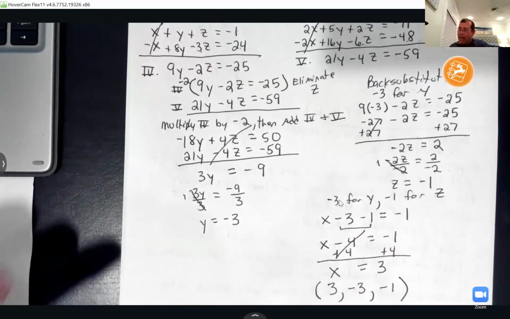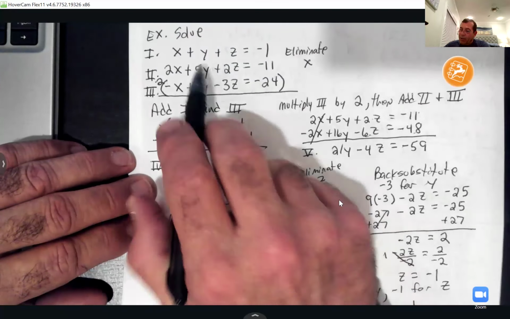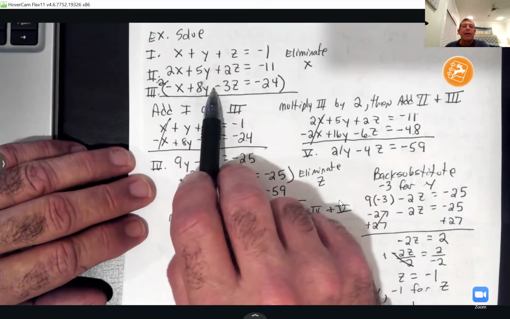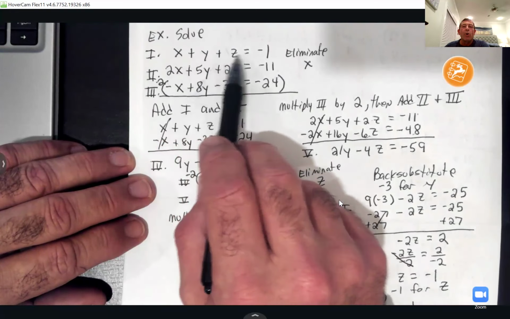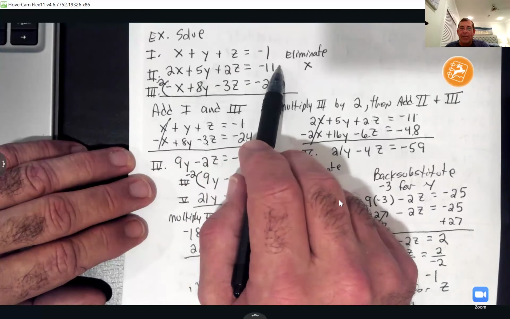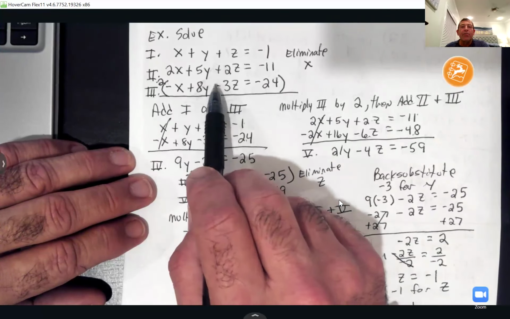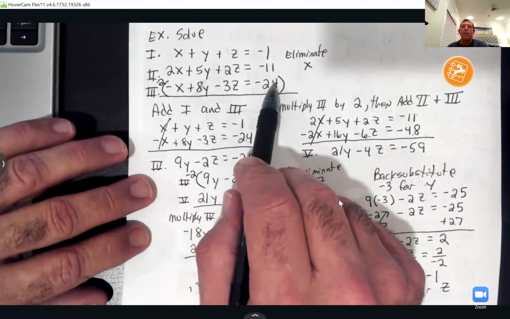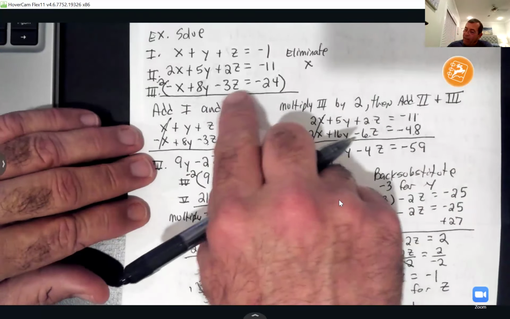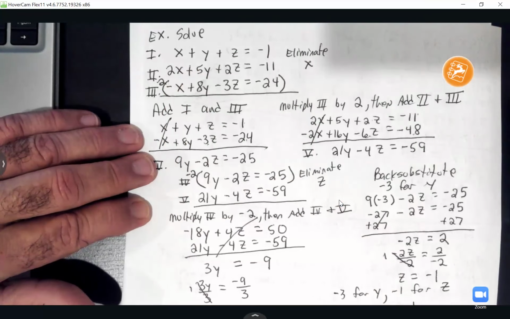All right, so now I'm going to go back up here and I'm going to show you how to put this into the calculator. 1, 1, 1, -1. 2, 5, 2, -11. -1, 8, -3, -24. First off, we got to figure out how many rows times columns.